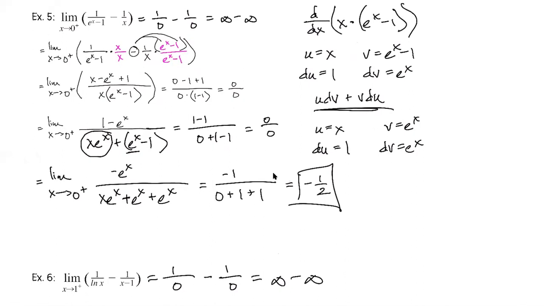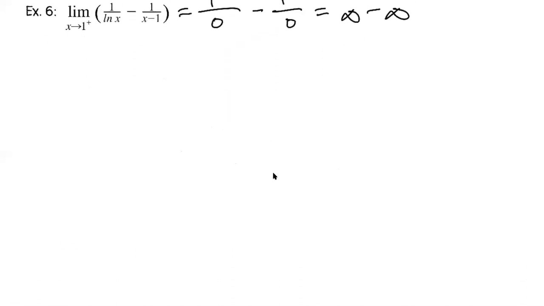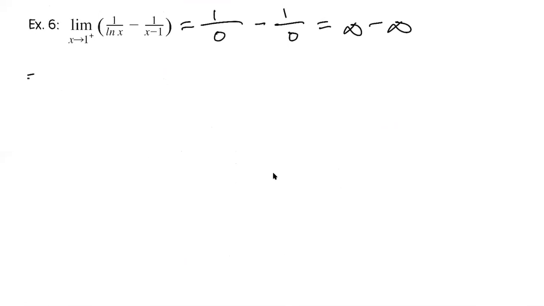All right. So first thing I did was plug 1 into the original function, right? Before we do all this work, let's make sure we need to do all this work. And indeed we do, because we end up with an infinity minus infinity situation, okay? So that means we're going to try and find a common denominator and write these two fractions as a single fraction.